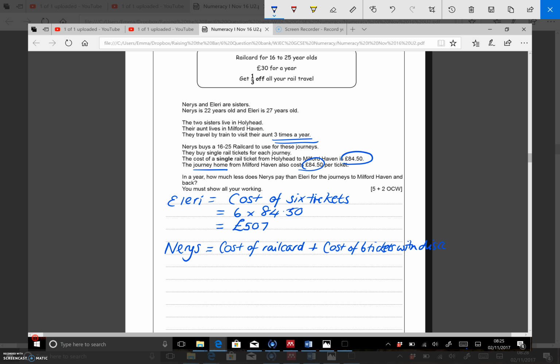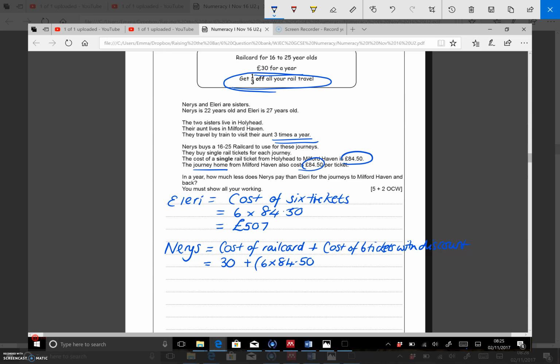So with discount. Okay, now the rail card costs £30. So that's the first part. Then she, like her sister, has to pay 6 lots of £84.50. But because she's got the rail card, she's getting a third off. So you need to take a third off this value here.